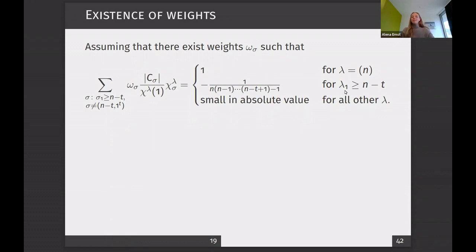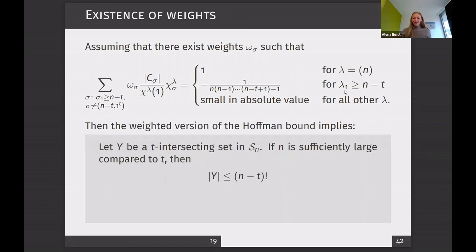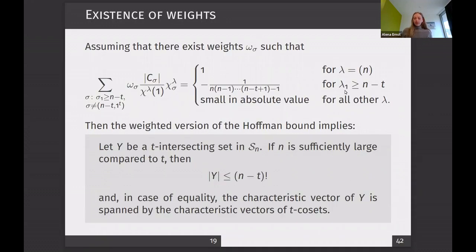Then, since this will only apply for n sufficiently large, our weighted Hoffman bound would give us our desired upper bound on the size of t-intersecting sets. And in the case of equality, we would also get that the characteristic vector is spanned by the characteristic vectors of t-cosets. So we would be done in this case, so at least for the upper bound.